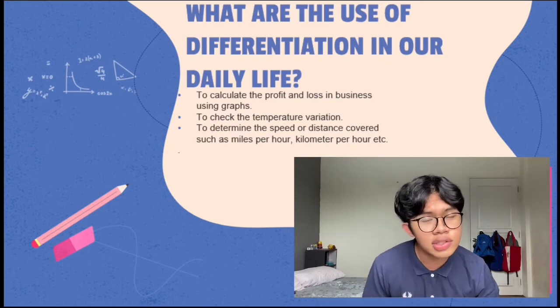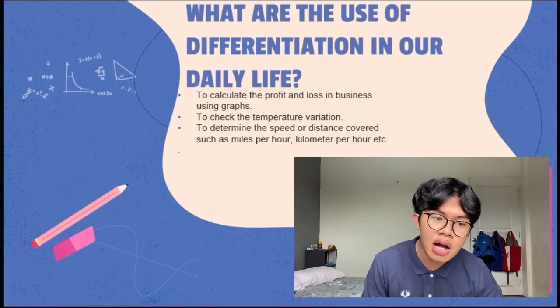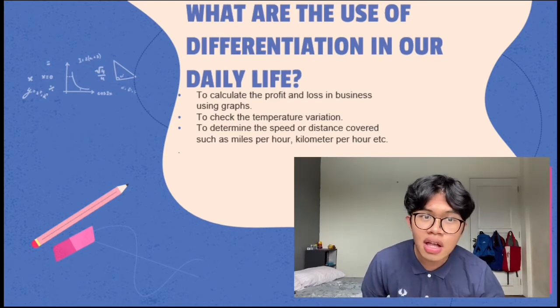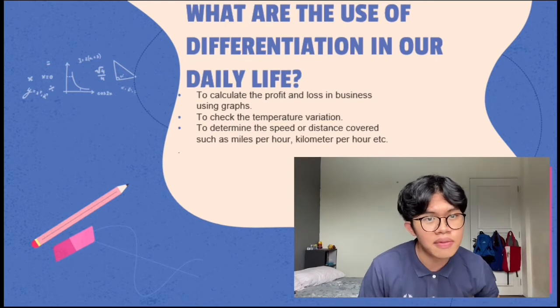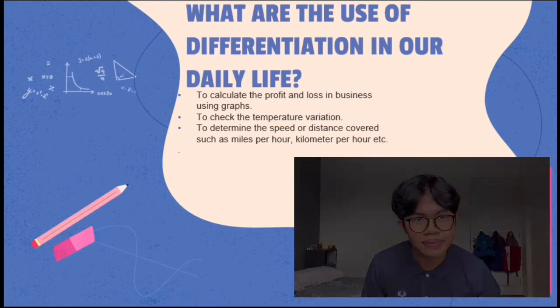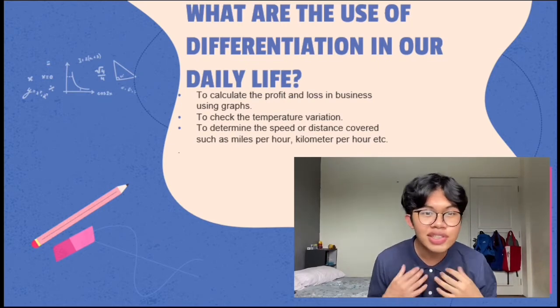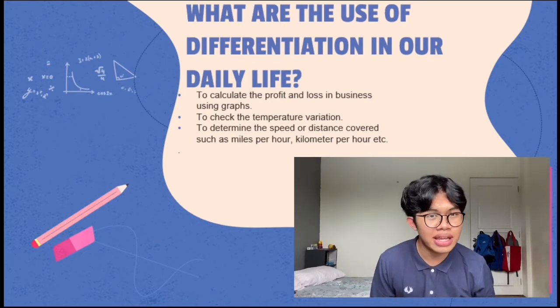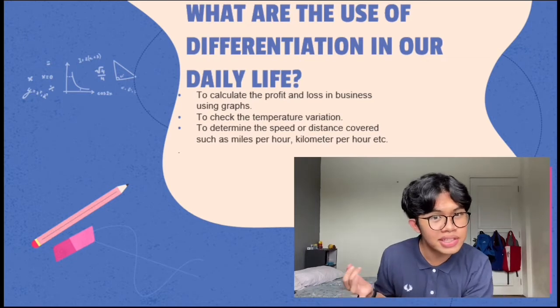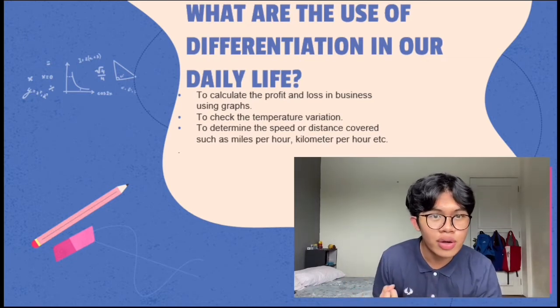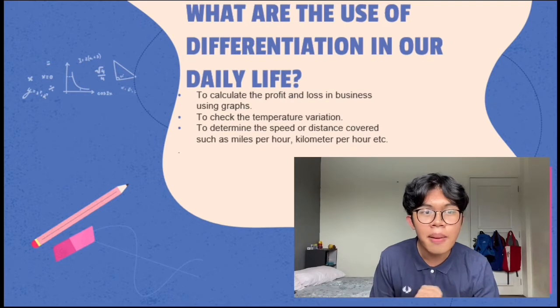You can also determine the speed of a car, the distance traveled, or even the time taken. Differentiation appears in many things in our daily life, like the walking pace, the rate of pouring water in a cup, and many more.